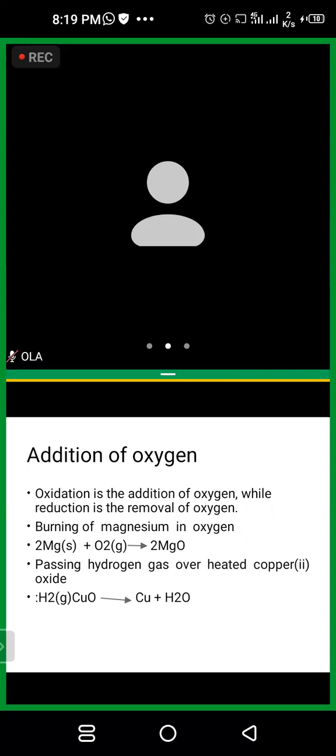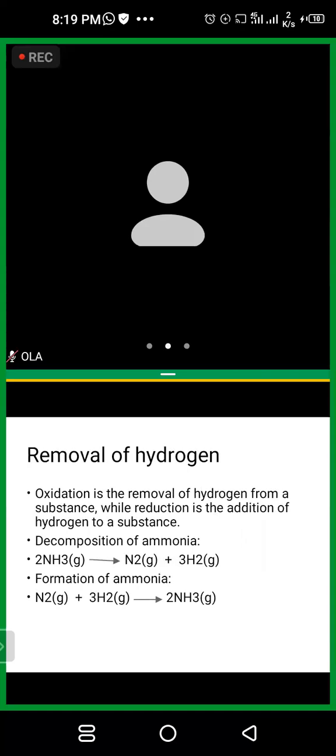Where oxygen is removed, that substance has been reduced. For hydrogen, where hydrogen is added to a substance, that substance has been reduced. But where hydrogen is removed, that substance has been oxidized.